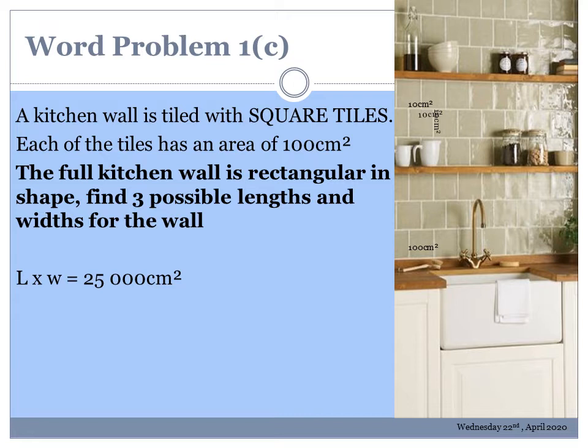This question wants us to give 3 possible ways that the length and the width can be. It's a rectangular kitchen, and it wants us to give 3 possible ways that the tiles can be placed. Remember the last lesson we had?